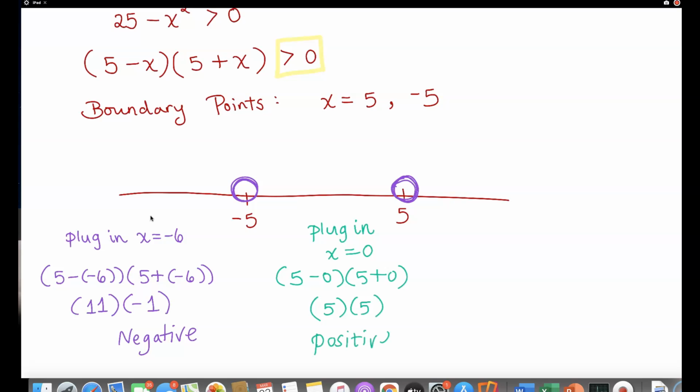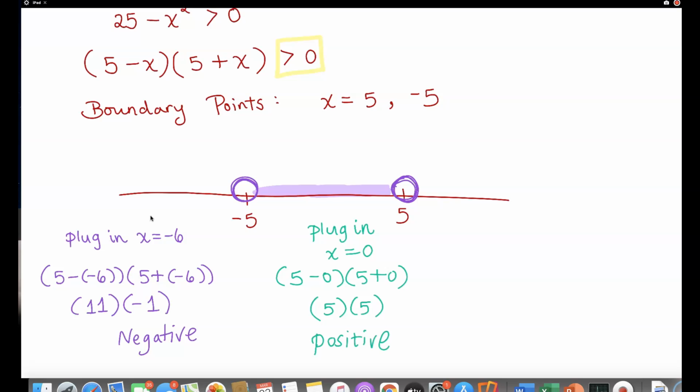So guess what? The answer interval is this one, in between negative 5 and positive 5. Any numbers in between these two numbers, not including these endpoints, can be in the domain of this logarithmic function.